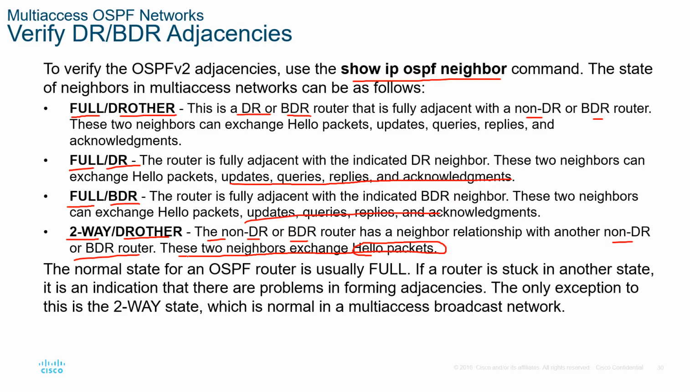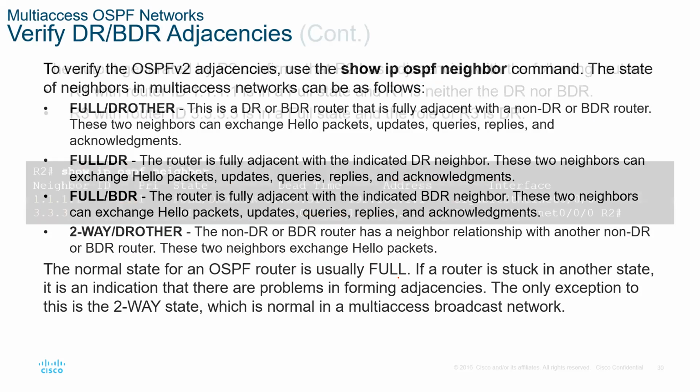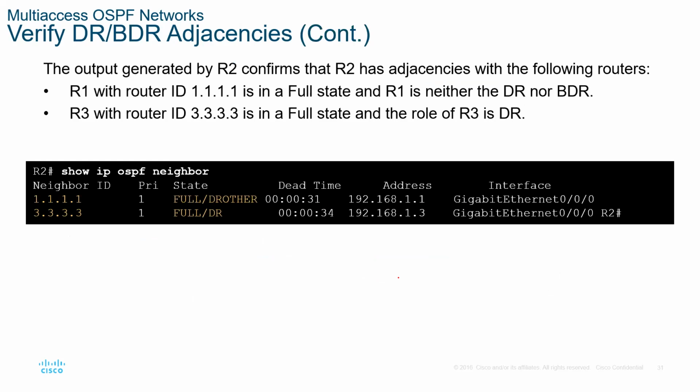But if it is just within themselves, it can only do hello packets. The normal state for an OSPF router is usually FULL. If a router is stuck in another state, it is an indication that there are problems in forming adjacencies. The only exception to this is the 2-WAY state, which is normal in a multi-access network.